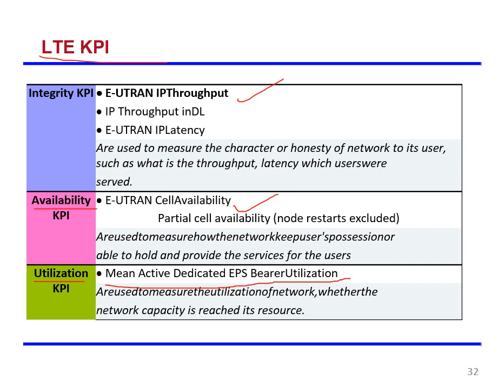So mean active dedicated EPS bearer utilization: how many bearers are utilized? On average, it will measure how the network capacity is utilized. So depending on that, the augmentation or reduction of the resources is done.